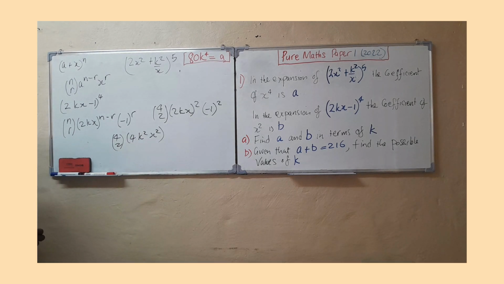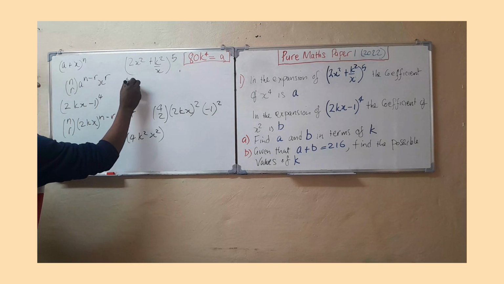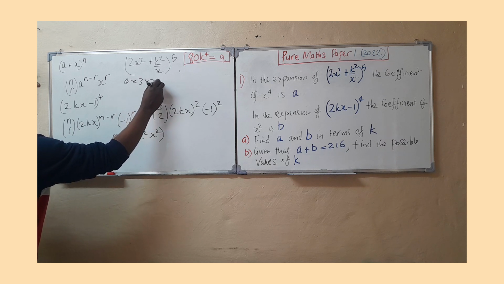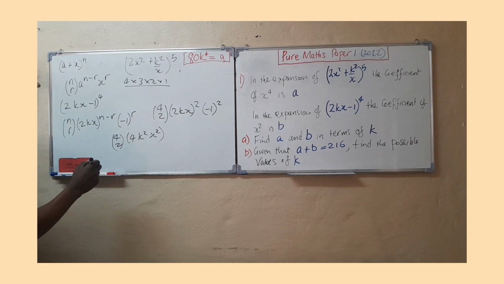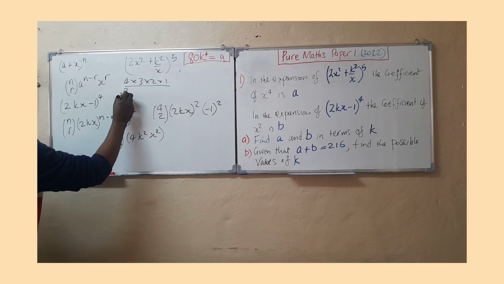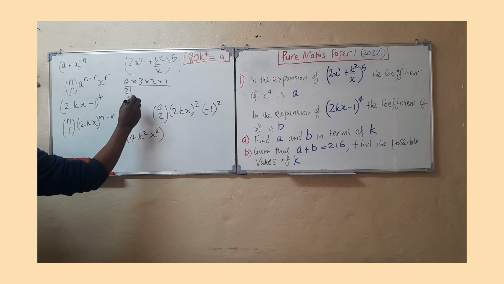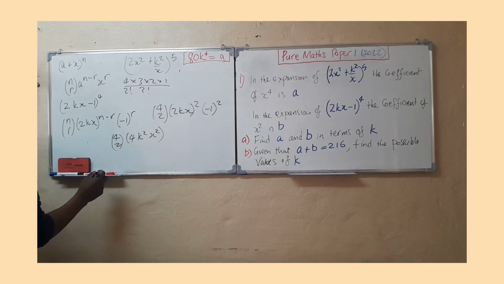But what is 4C2? 4C2 is 4 factorial, which is 4 times 3 times 2 times 1, divided by 4 minus 2, which is 2 factorial, again with another 2 factorial.